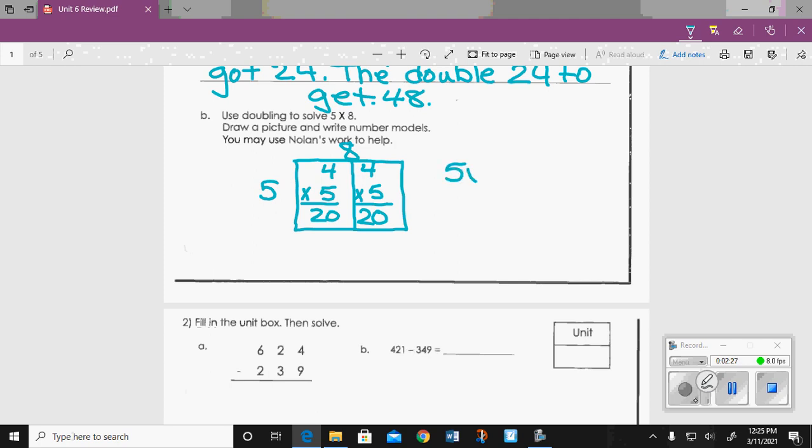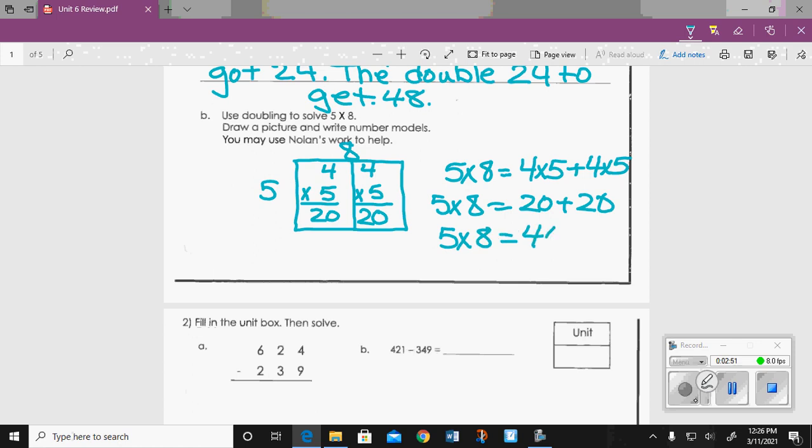So 5 times 8 equals 4 times 5 plus 4 times 5, and then 5 times 8 is equal to 20 plus 20, so 5 times 8 equals 40. And that's a case of doubling, boys and girls.